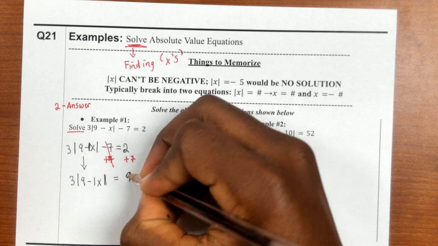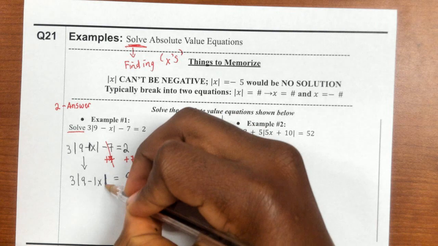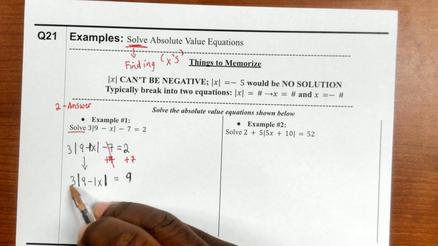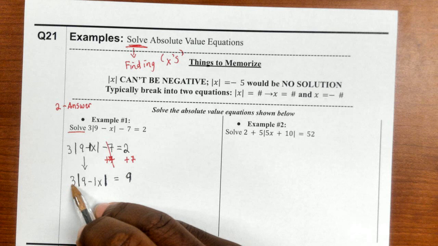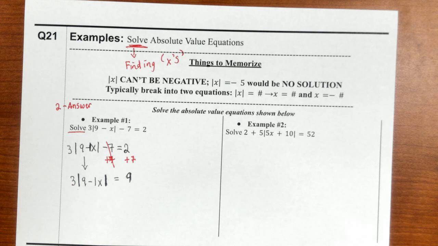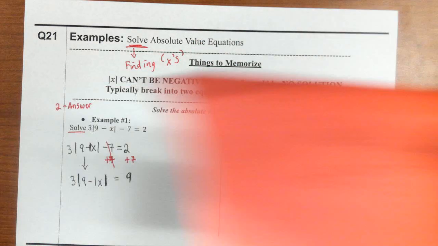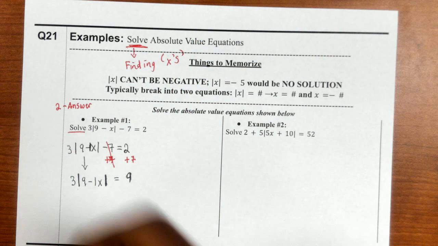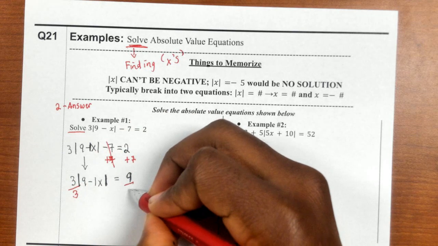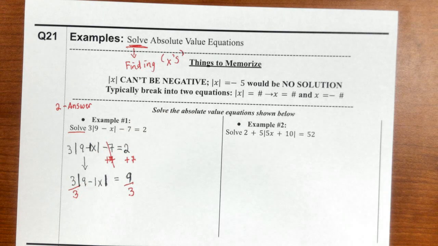Now I see that attached to this absolute value is a 3. I need to get rid of that 3 first before I can go inside of the absolute value. Whenever you see something attached, you know you're multiplying. So to get rid of multiplying by 3, I would divide by 3, and I have to do the same thing on the other side.